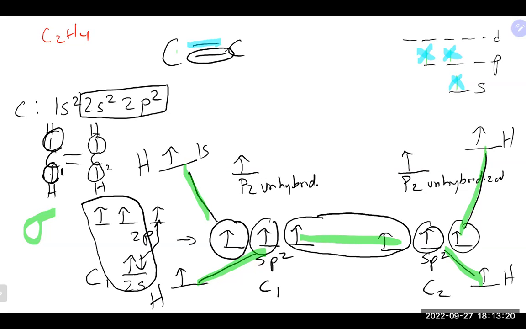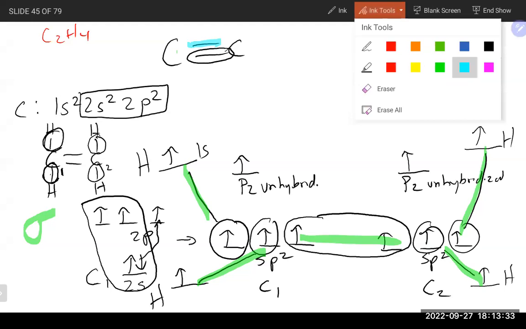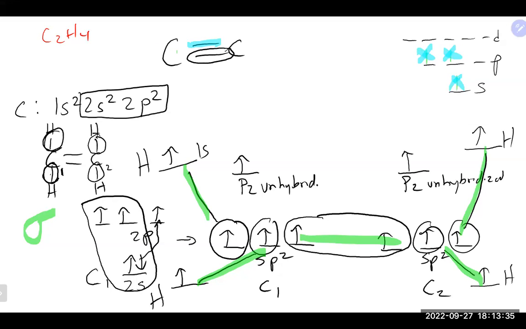So the pz orbital on the carbon on the left and the pz orbital on the carbon on the right, each with an electron hanging out there, are the only ones not accommodated yet in any type of bonding. That is where our double bond comes from. It comes from the overlap of the unhybridized p orbital on this one carbon and the unhybridized p orbital on the other carbon. And it actually overlaps differently than a sigma bond.